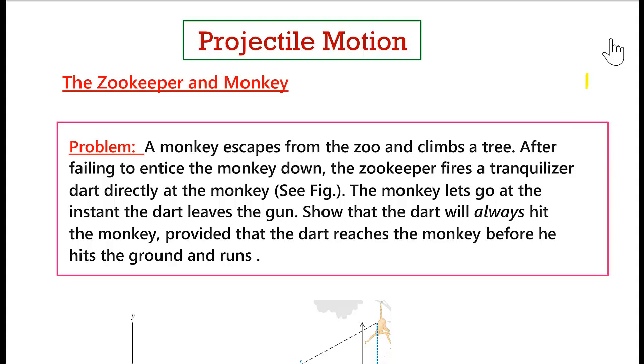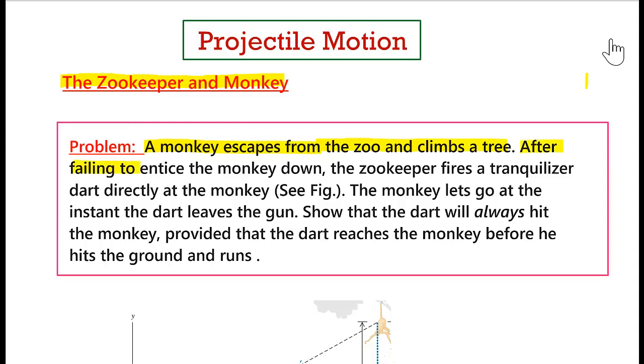So this problem is also called the zookeeper and monkey problem. The problem says a monkey escapes from the zoo and climbs a tree. So now the monkey is on a tree.